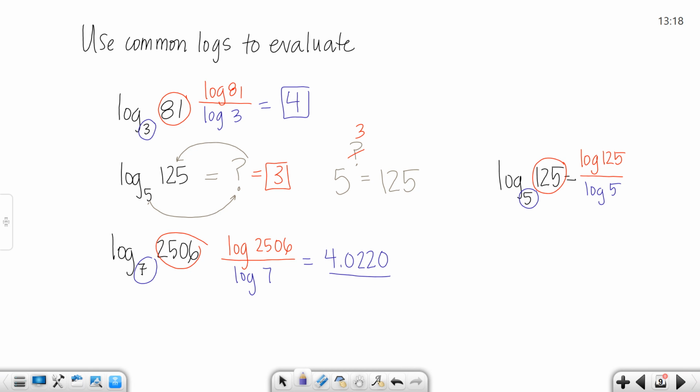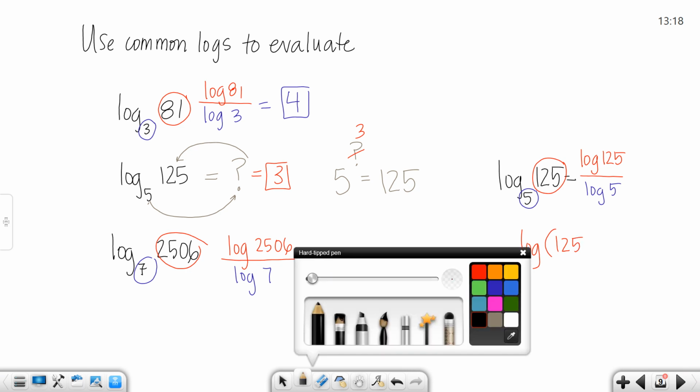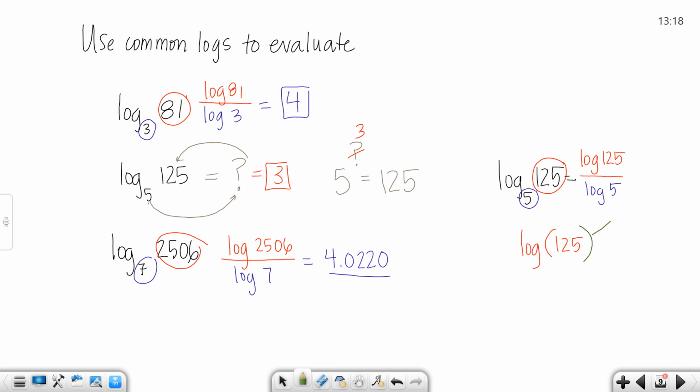So when you get ready to try this one, you're going to hit the LOG key. When you hit the LOG key, the parenthesis opens up. At that point, you want to enter 125. Now, here's the thing you have to remember for this model. Close your parenthesis.